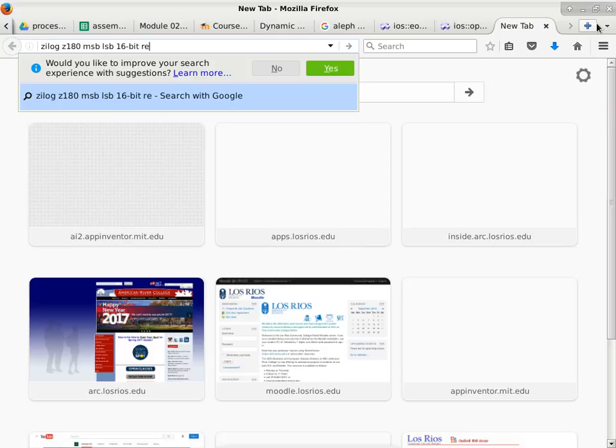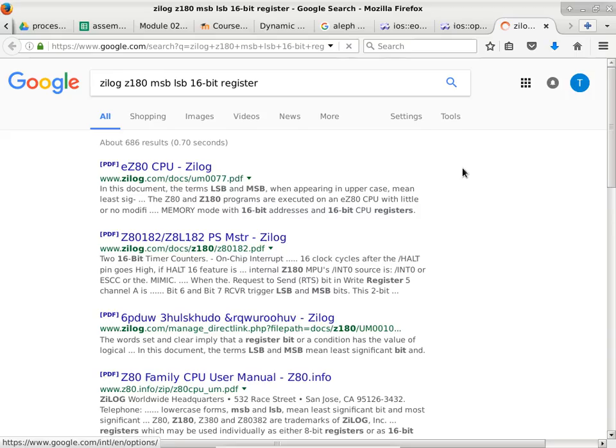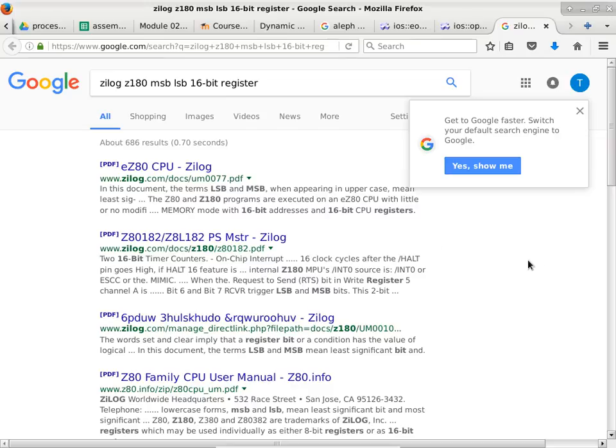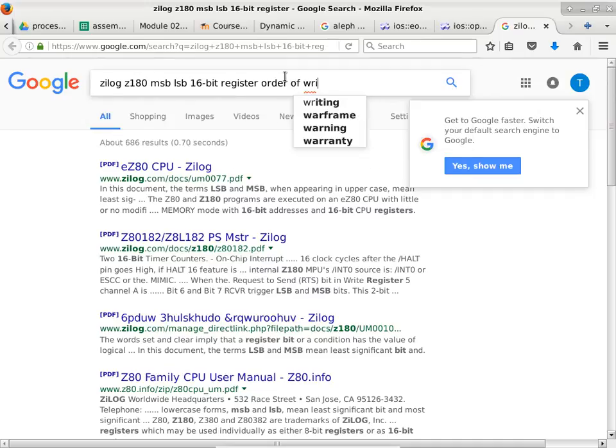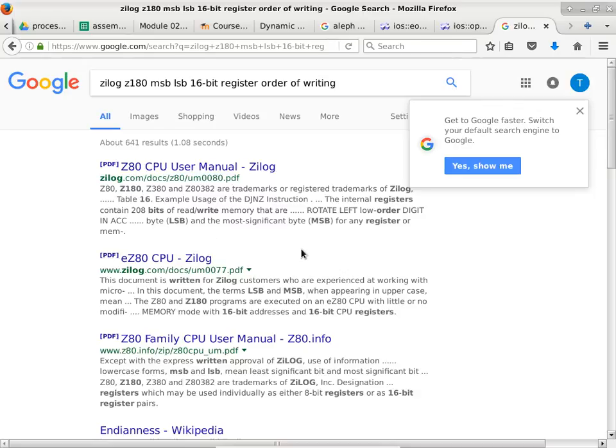So let me see if I can just use these words to find which one I'm looking for. I'm not going to spend too much time looking for it.